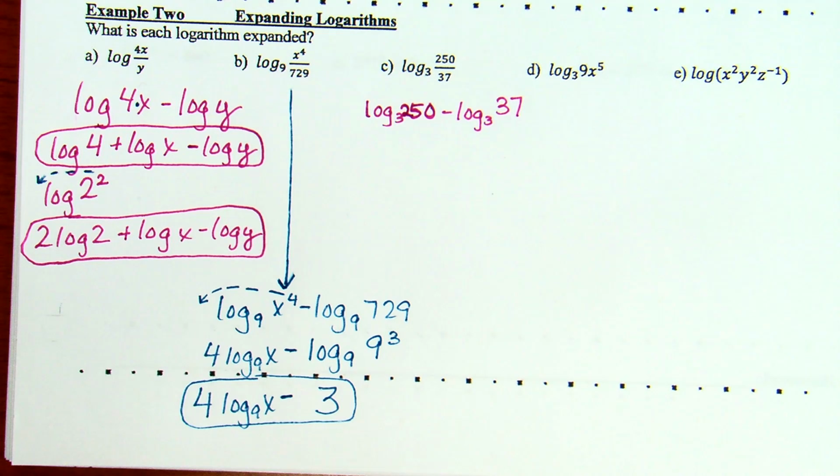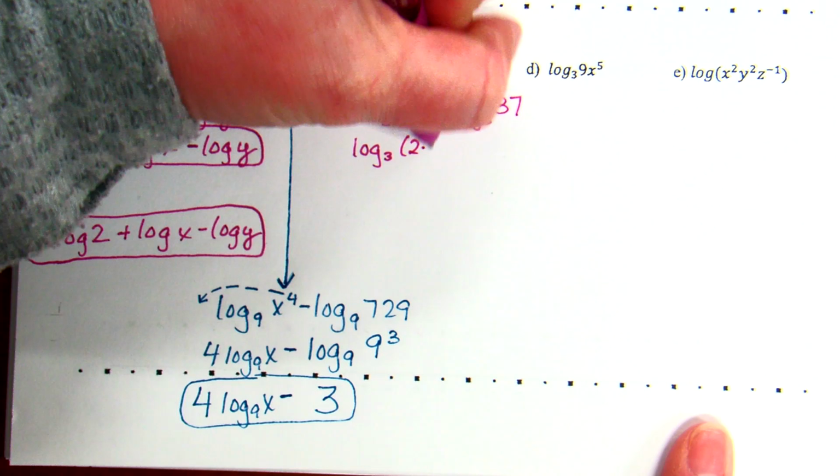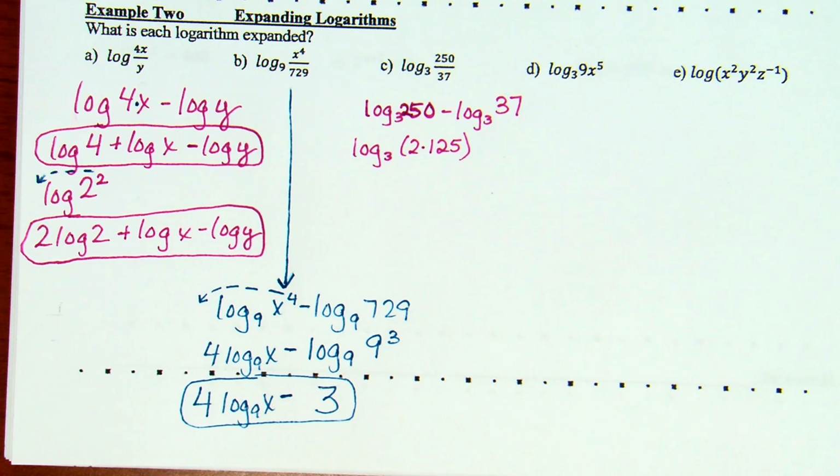So log base 3 of 250 is the same as saying 2 times 125. Agreed? We picked this because 125 is on our gold paper. So now, if there's multiplication inside of a log, what can I do?